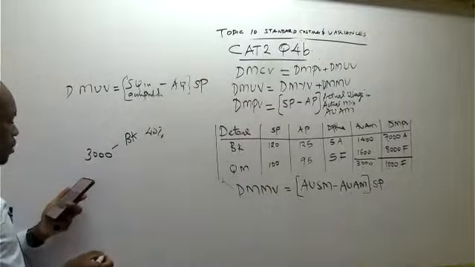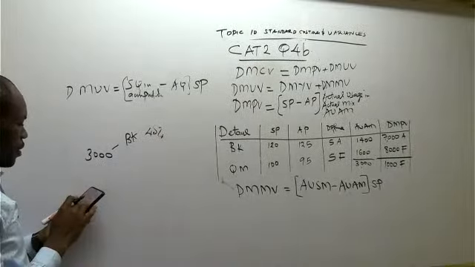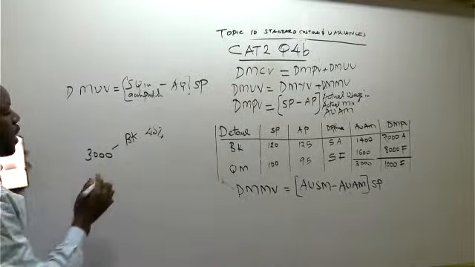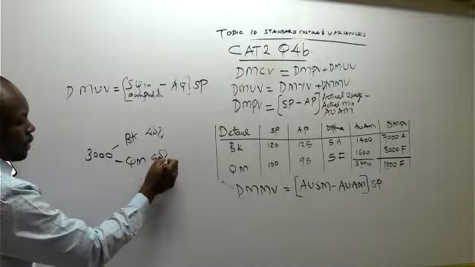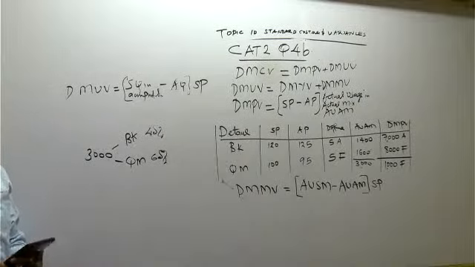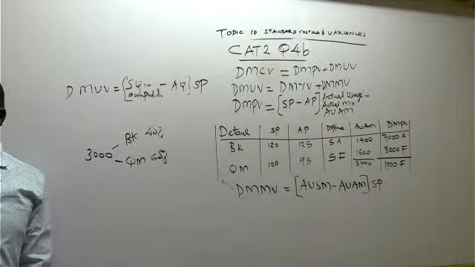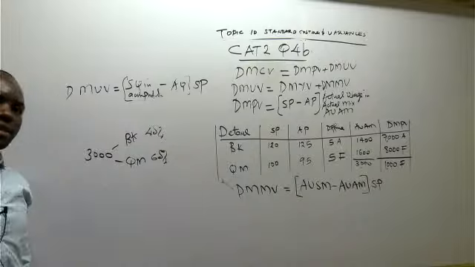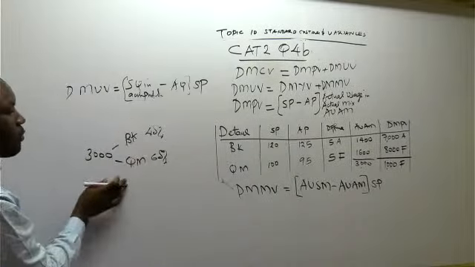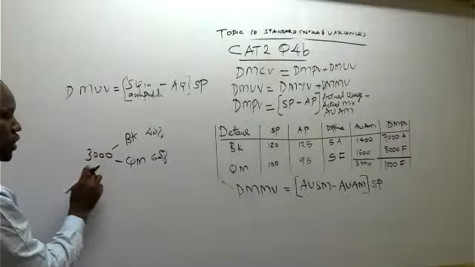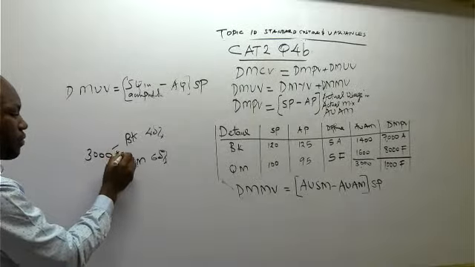Is it? BK will take 40%. I think that is what we have there. Yes. And then QM will take 60%. So you come to the question and ask yourself, is that the case? Let's come and see. So what we are basically going to calculate here, the actual amount which was used is 3,000 kgs.